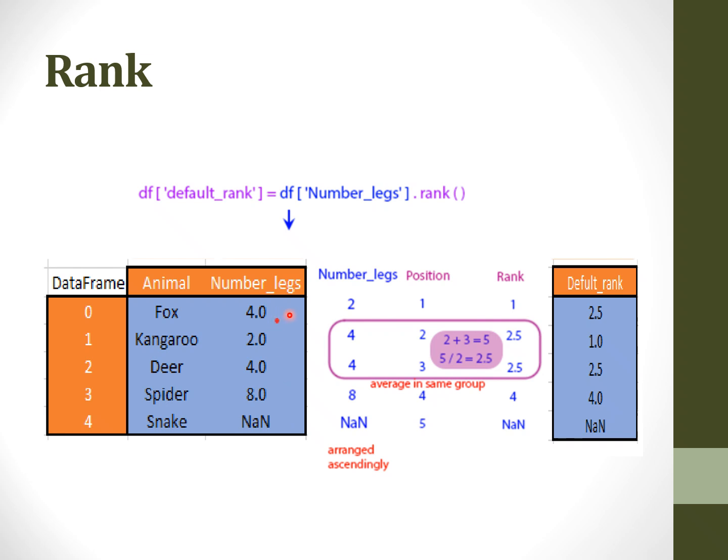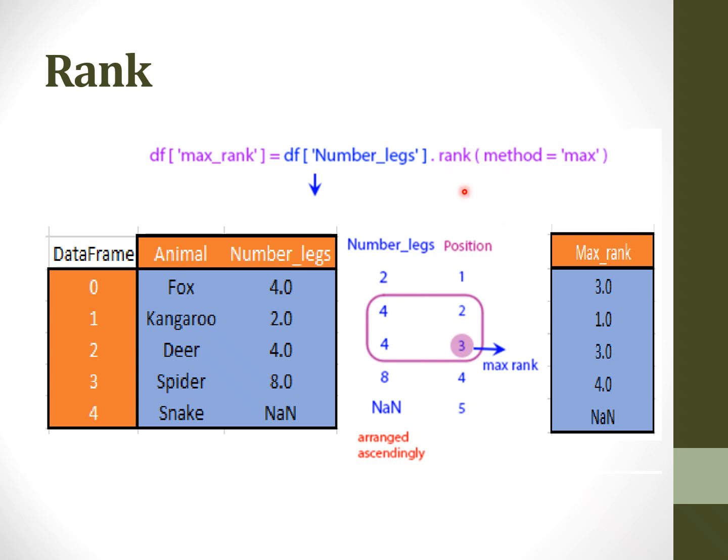What is the value corresponding to 4? It is 2.5, so that 2.5 is placed here. For 2, it is 1, so that is placed here. For 4, it is 2.5, so that is placed here. And for 8, it is 4, that is placed here. So this is how you obtain the default rank in a data frame.